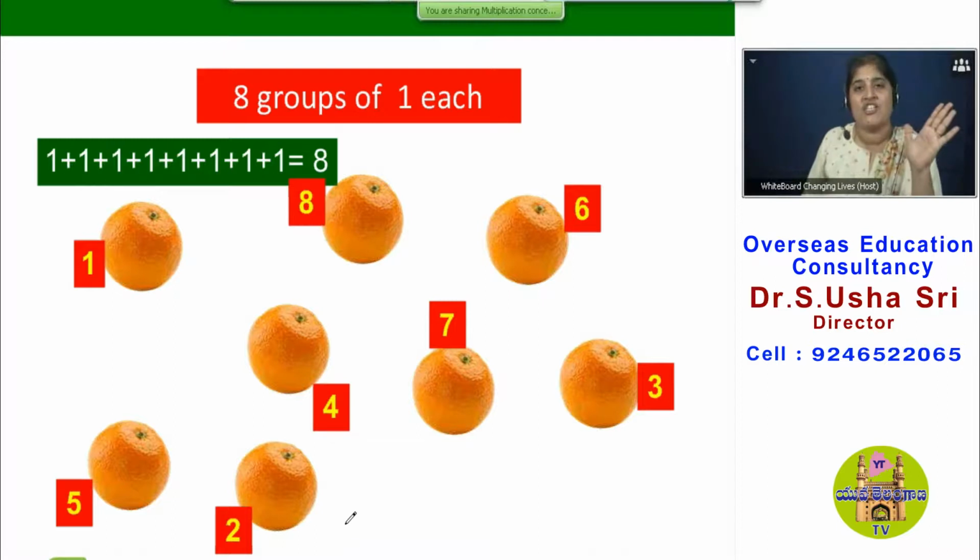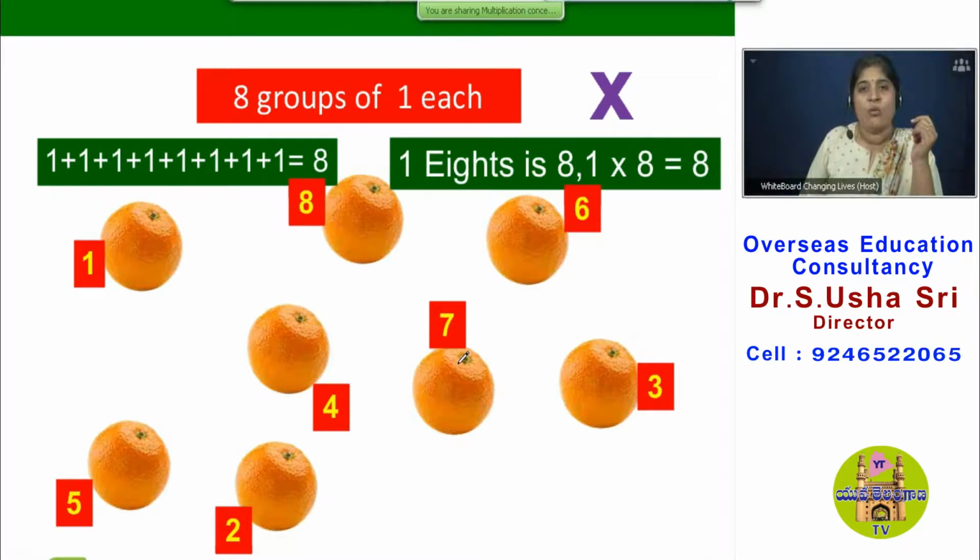In case this addition, if I need to change into multiplication, how do we do it? Let us see now. That is 1 eights is 8, and that's nothing but 1 into 8 is equal to 8. So now I have changed this addition into multiplication form. So when I'm repeatedly adding the same numbers, that can be changed into multiplication.